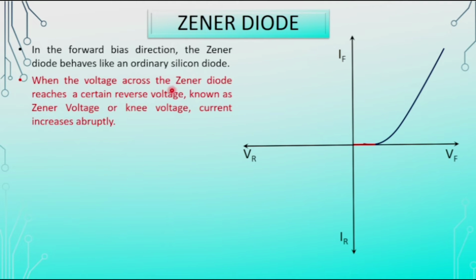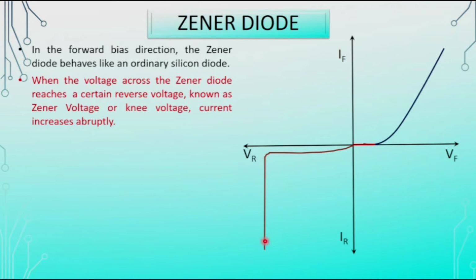When the voltage across the Zener diode reaches a certain reverse voltage known as the Zener voltage or knee voltage, the current increases abruptly. In the case of reverse bias, there is a small reverse current up to a certain voltage, but after that particular reverse bias voltage, the current increases abruptly. Suddenly there is a sharp rise in the current.